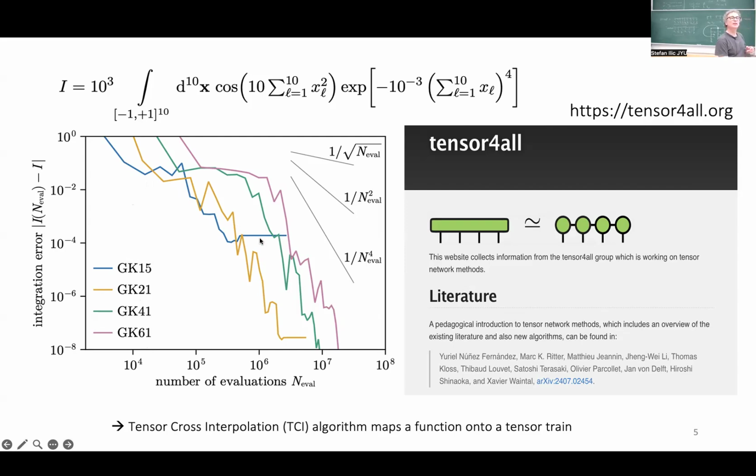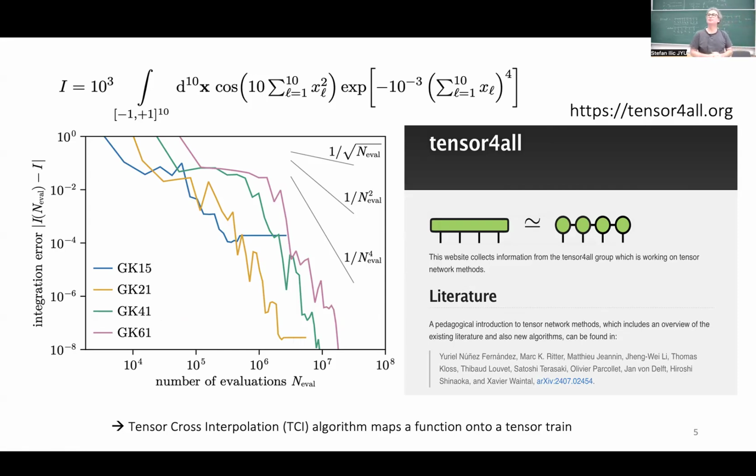This saturation means that you are actually limited by the fact that you don't have enough points. So 15 to the power 10 points was not enough. That's why it's saturated. So the factorization itself, TCI itself, is exact. It's better than this precision. If you go to 21 points, you get the same thing with better than 7 digits. And if you want to go beyond that, you need at least 41 points. I didn't continue, but the curve continued.